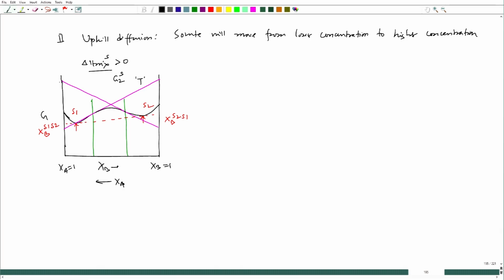Now, let us mark those partial quantities. This is G_B and these are the compositions, x2 and x1. So, this is G_B bar at x1 and G_B bar at x2, and here G_A bar at x2 and G_A bar at x1.